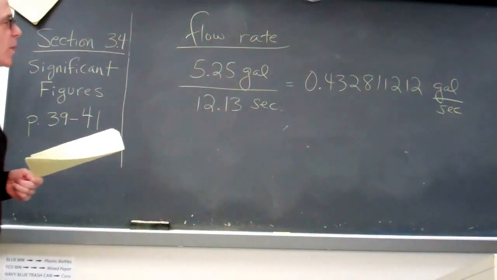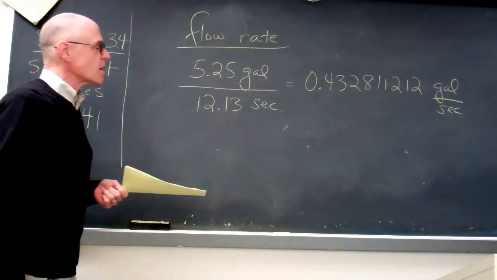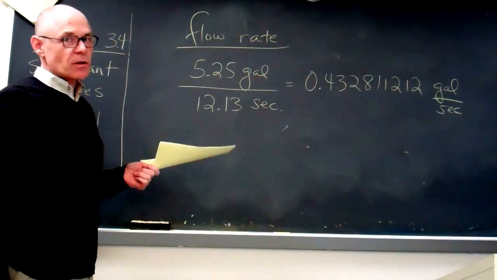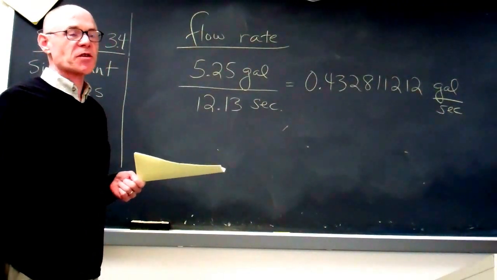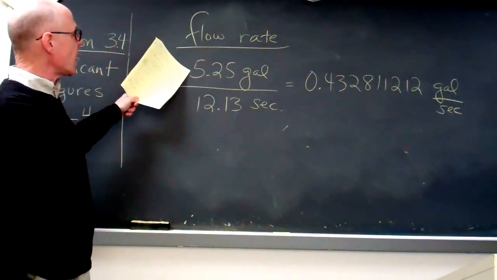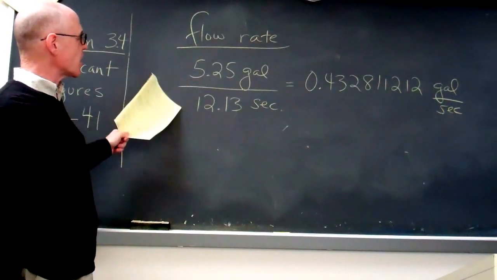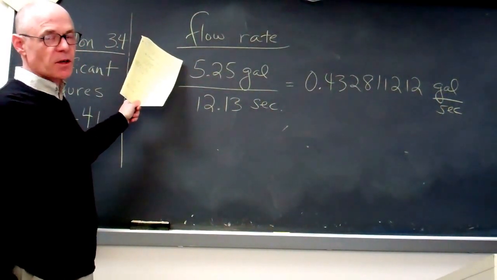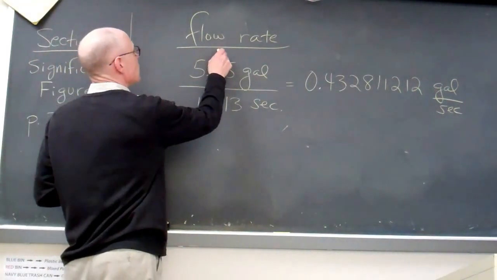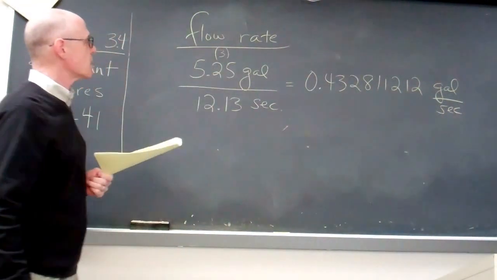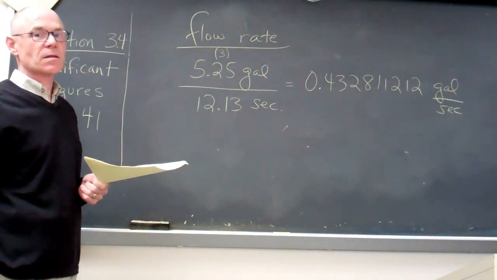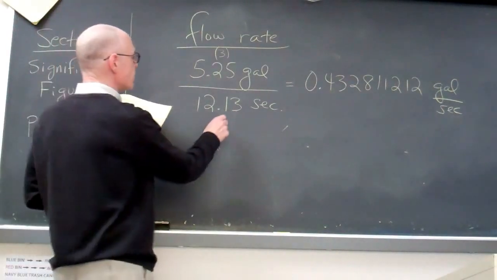And when we did the calculation, this is what our calculator reported. All right, so here's how you would do this kind of a problem to express your answer to the correct number of significant figures. First, you look at the measurements you're using in the calculation. How many significant figures are in 5.25? 3. How many significant figures are in 12.13? 4.